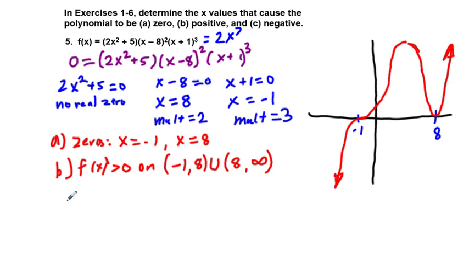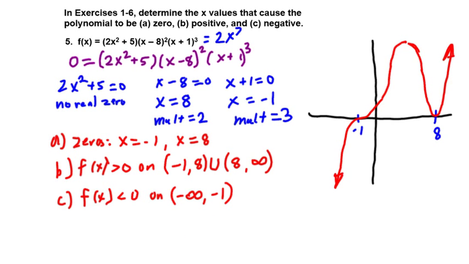And then the last part, we have c, f of x is less than 0 on, well, we're just going to have this section here to the left, greater than -infinity, all the way up to less than -1. So that should be everything.